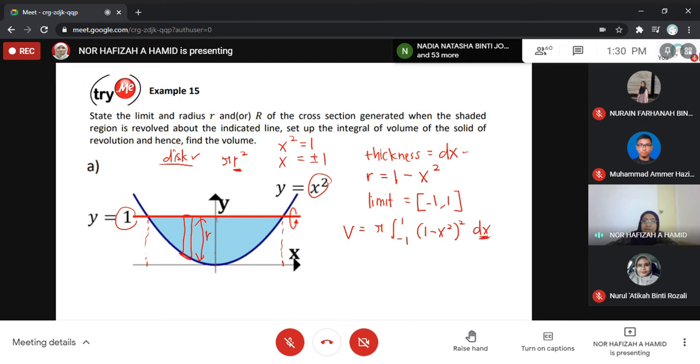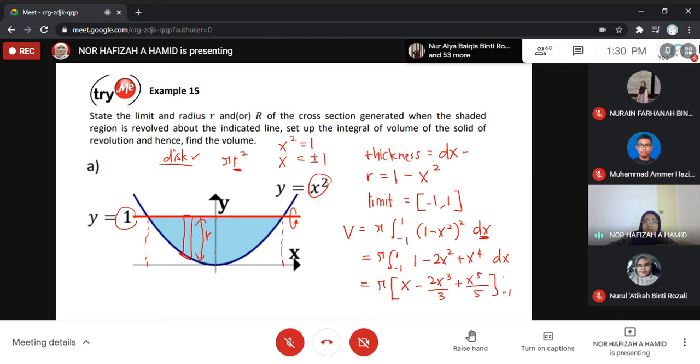Nanti exam you tertinggal dx, nanti dia potong satu markah. Okay, so you have pi and negative 1 until 1. So ni you expand. We have 1 minus 2x square plus x to the power of 4 dx. Okay, so after you expand, you integrate. Okay, x minus 2x3 over 3 plus x5 over 5.